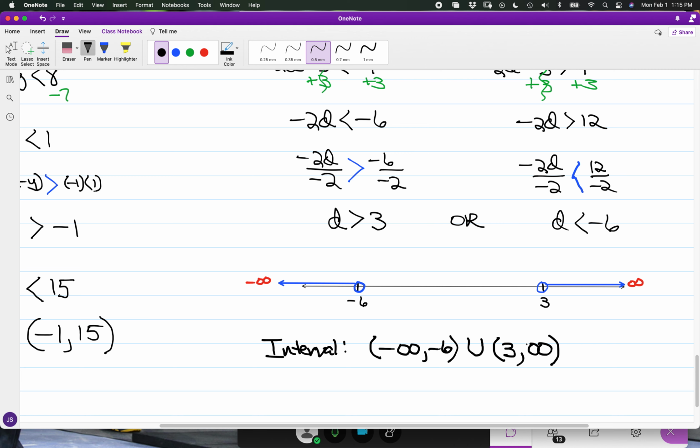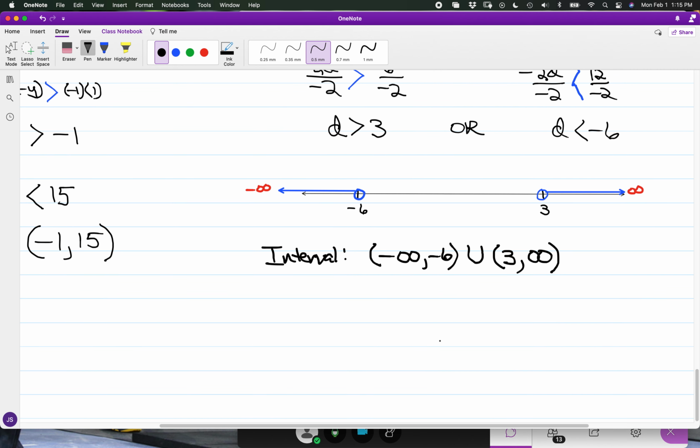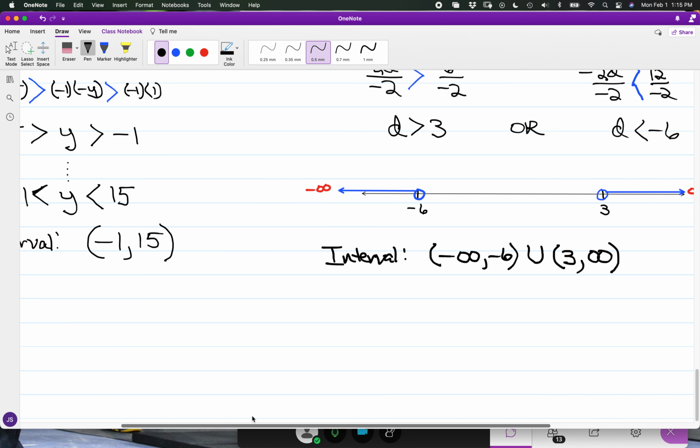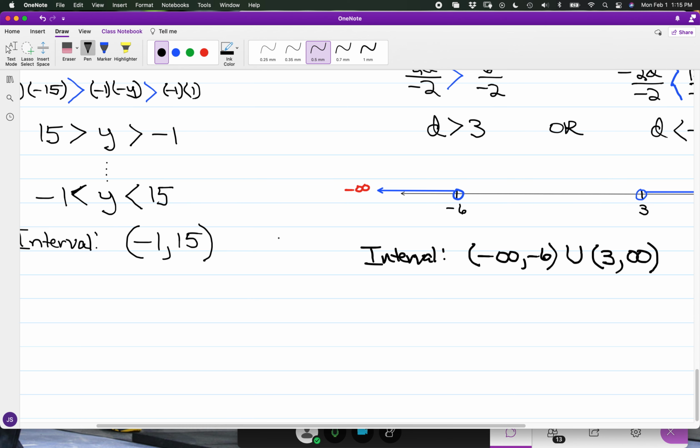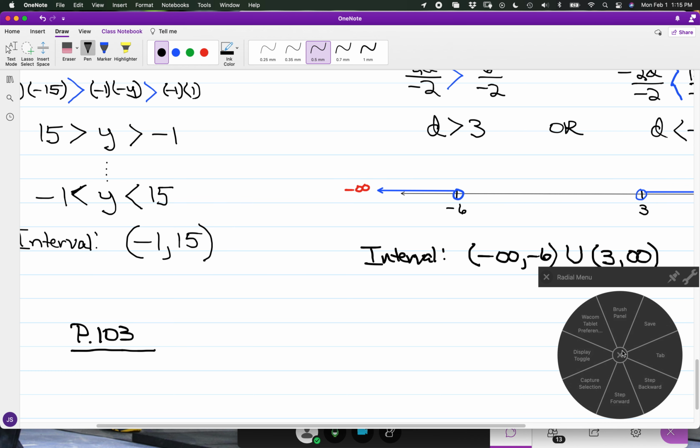Now, just some special cases you might run into in ALEKS. Again, still on page 103.